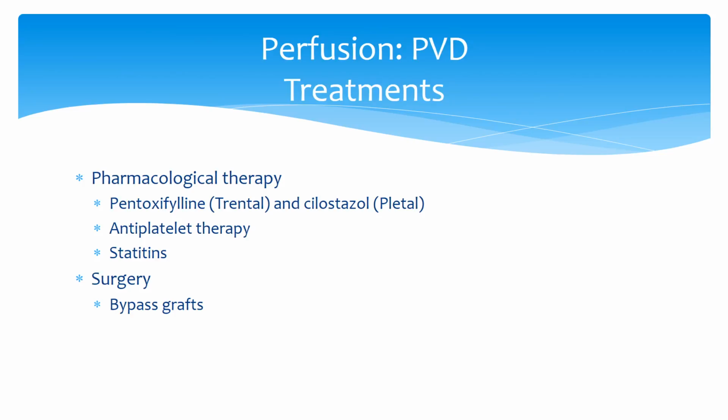That's the one where with exercise or exertion, the pain starts occurring, okay, and then we have to rest. A lot of times what we have to look at is surgery, which is the bypassing of the grafts, and that comes later. Usually if all those treatment and lifestyle modifications aren't working, we have to look at possibly replacing that vessel in the leg or so, just to enhance the blood flow.